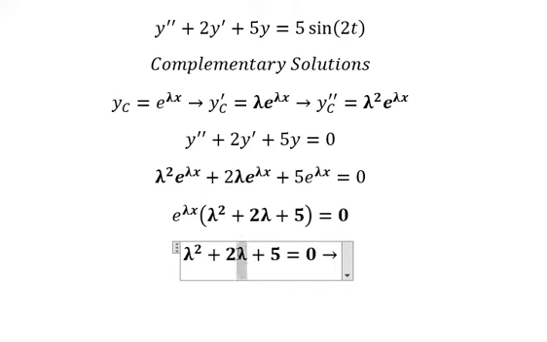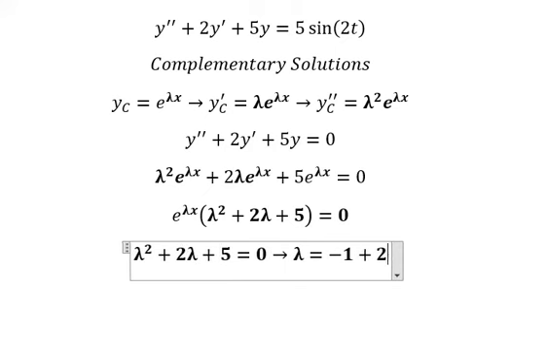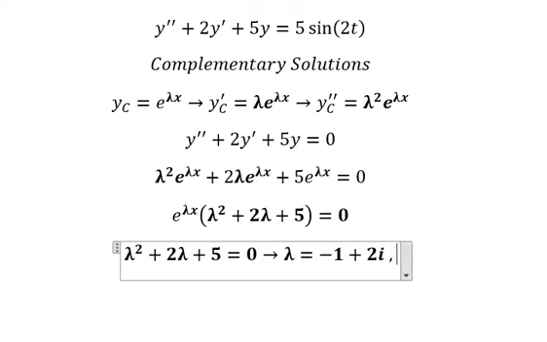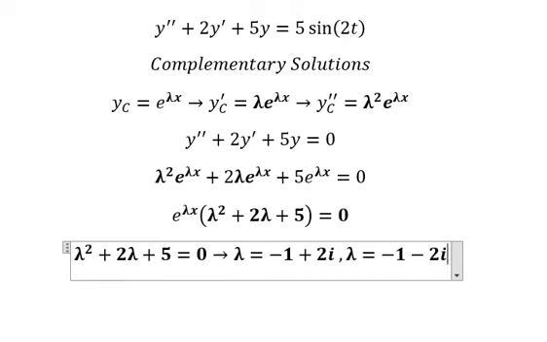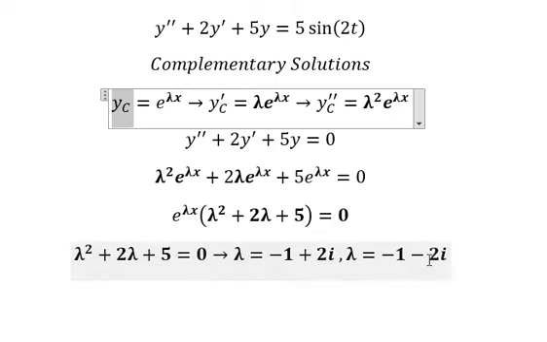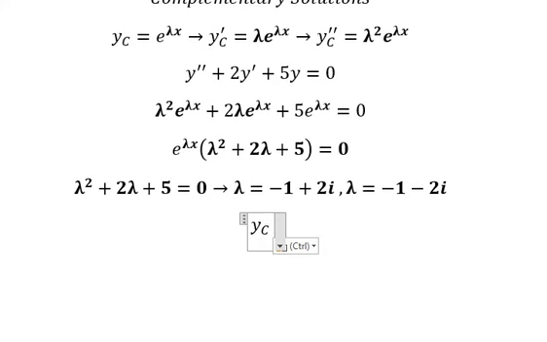So we have lambda equals negative 1 plus 2i. This is the complex unit. And we have lambda equals negative 1 minus 2i. So we have yc equals c1, that is the constant 1, e to the power of lambda t.